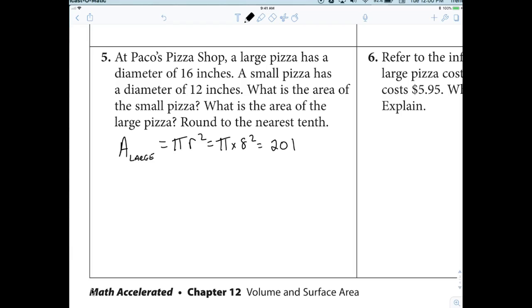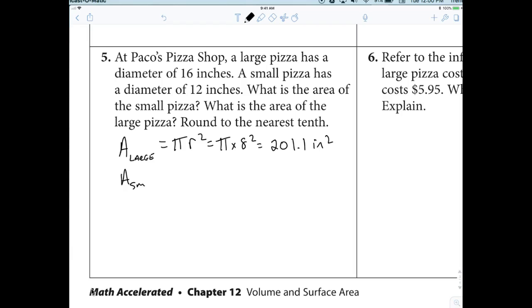So type in 64 and hit the second button. All right, you're in the game. Good job. So the area was 201.1. Now it would be inches squared, so make sure you put the inches squared.